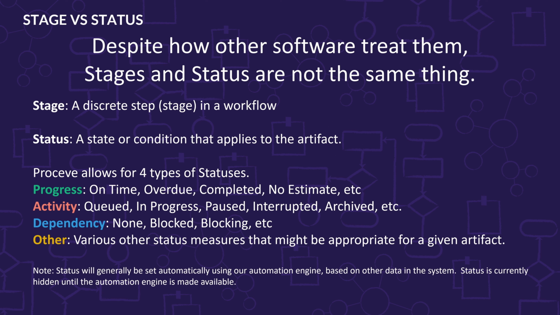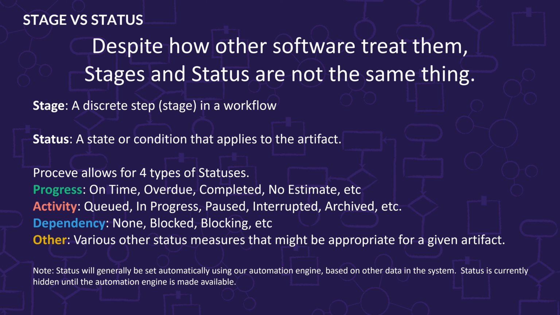One of the things that we want to point out is that we've taken a slightly different approach, and we believe a more correct approach. Inside our software, unlike most other vendors, we actually make a distinction between the stage that an item is at in a workflow versus the status that artifact has.